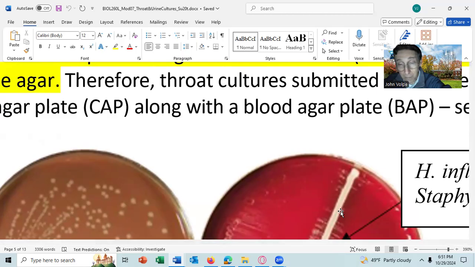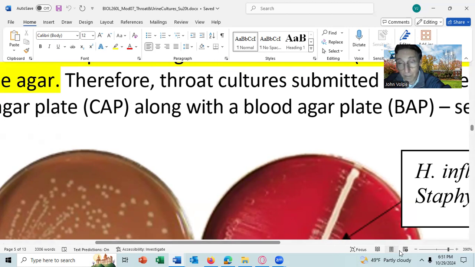By lysing the red blood cells, the Staphylococcus aureus is releasing the factors that are required by Haemophilus influenzae to grow. And that's why Haemophilus influenzae is able to grow in this region of the plate, but will not grow in this region of the plate.